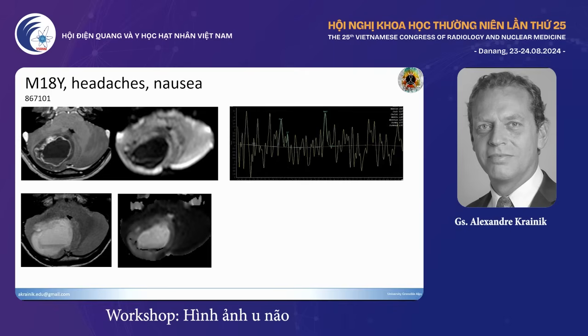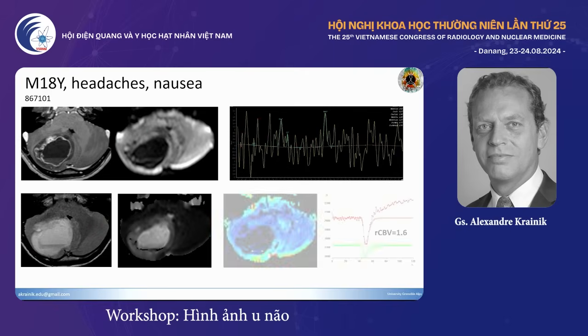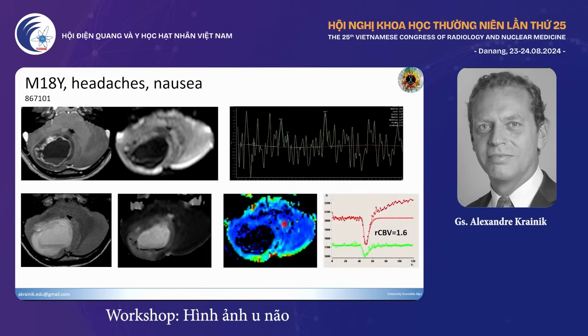Anyway, here you see that because of the bleeding, the spectroscopy is impossible to read, but we can have a look at the perfusion. You see there's no increased perfusion, and roughly the ratio between where there's a contrast enhancement and the opposite side is roughly normal. And all this advocates for pilocytic astrocytoma.